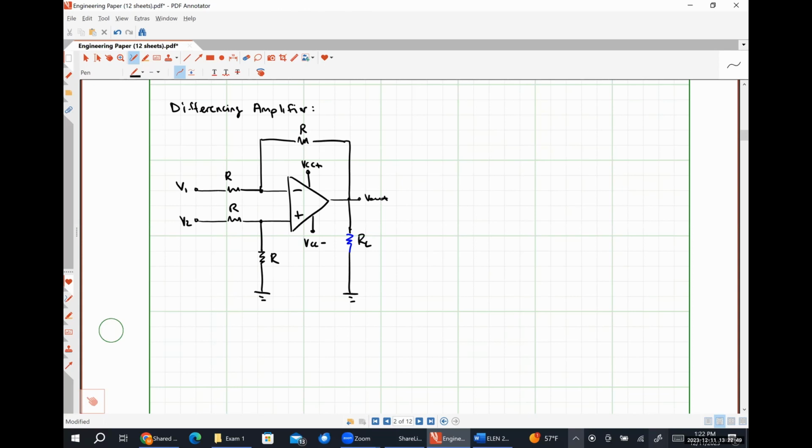An inverting amplifier, right? With these two effectively in parallel, we would have a resistance of just 1/2 R, but that really didn't do anything for how our inverting amplifier behaved, right? So with V2 turned off, this is just an inverting amplifier, and we would know that our output would be negative V1.